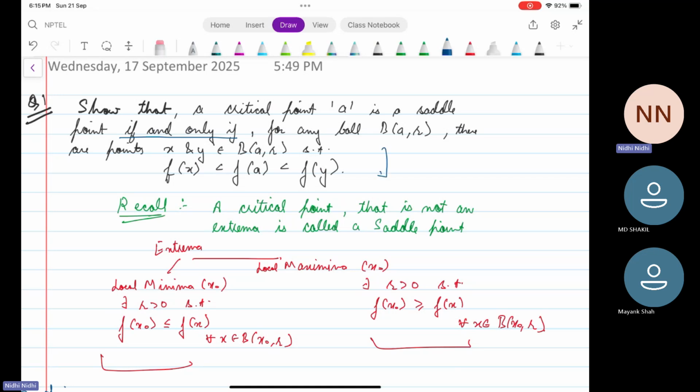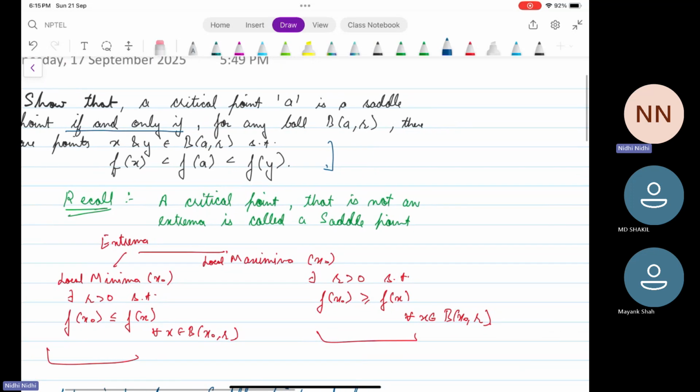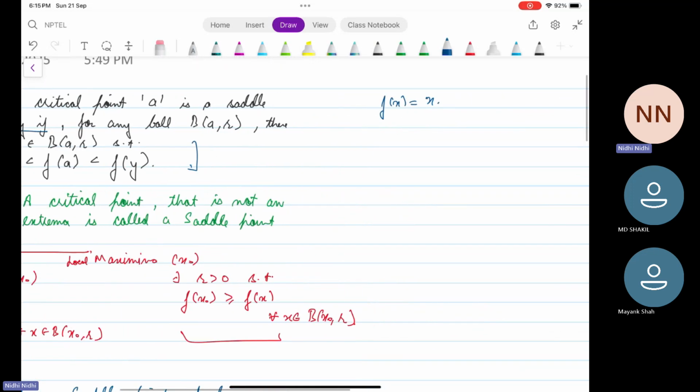I don't think without a critical point we can say that, because for the converse part, if we take the function f(x) equal to x, in that case also, whatever small neighborhood I take of any point A, I'll be able to find two points x and y such that f(x) is strictly less than f(a) strictly less than f(y).